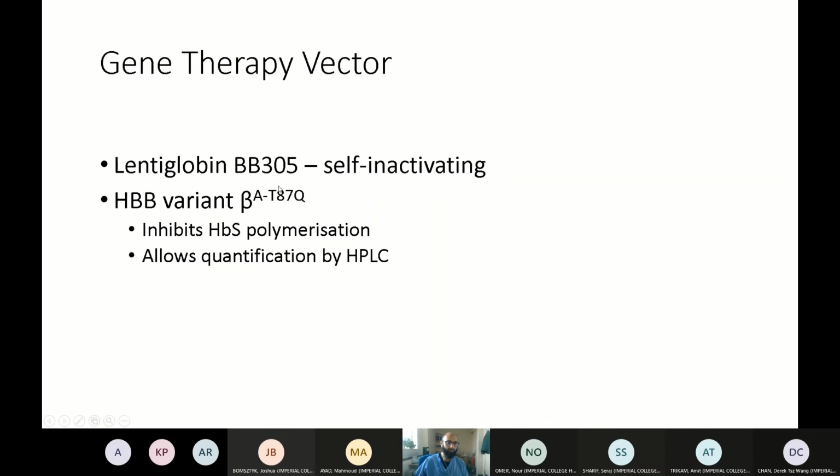And also, because of this manipulation of the genetic code of the beta hemoglobin gene, it can also be detected by PCR.